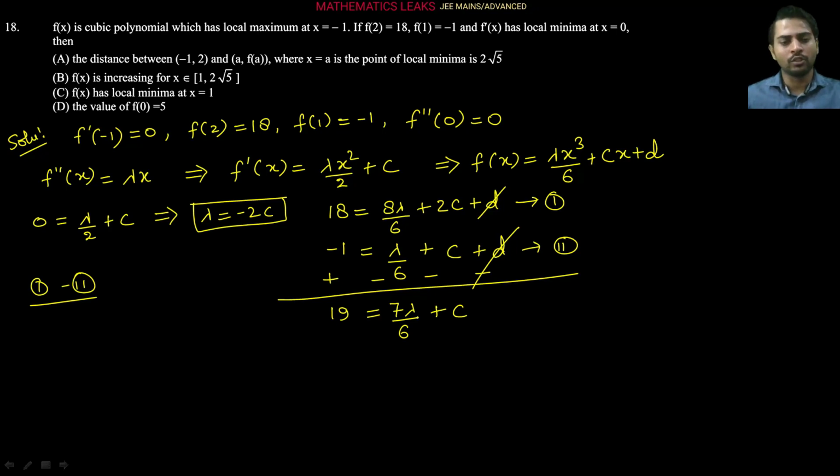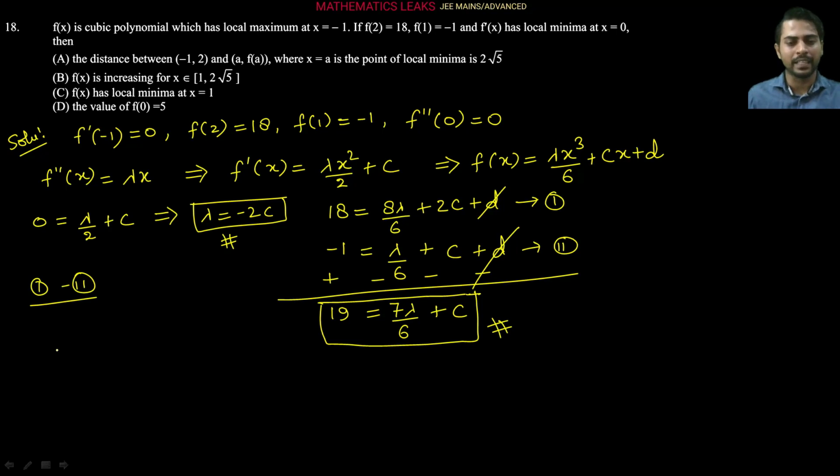So let's suppose this is our new equation in terms of lambda and c, right? So from this equation and this equation we can easily get the lambda and c values also. So I am just going to put here lambda is equal to minus 2c in this equation.